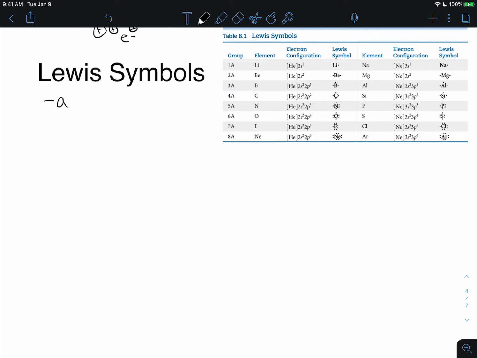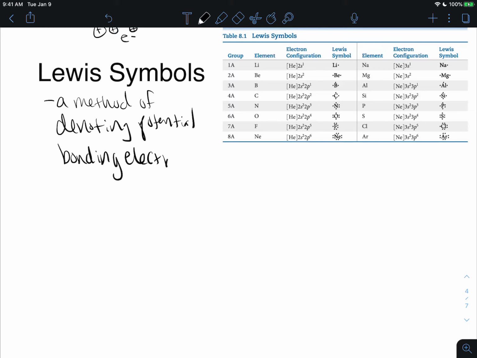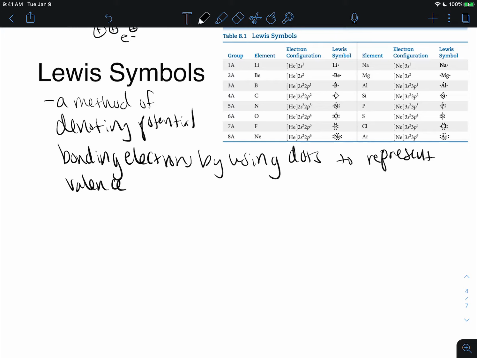So a Lewis symbol is a method of denoting potential bonding electrons by using dots to represent valence electrons. So in the case of ionic compounds or covalent compounds, we can use these symbols to see what type of bonds are going to be formed.